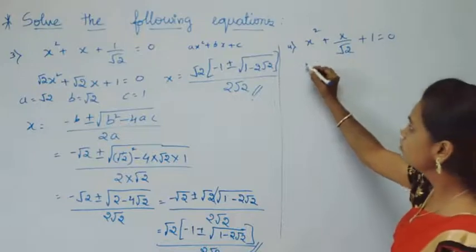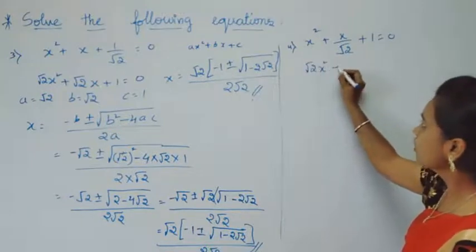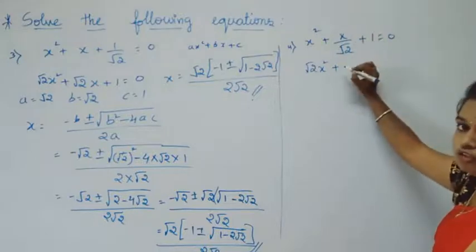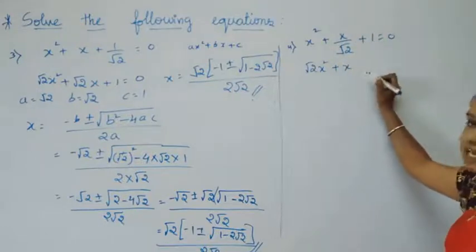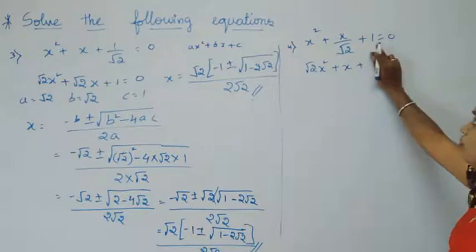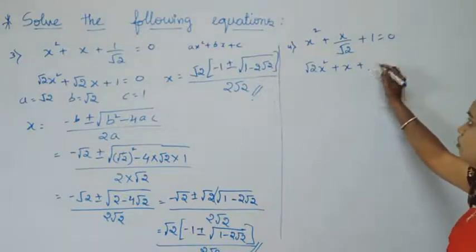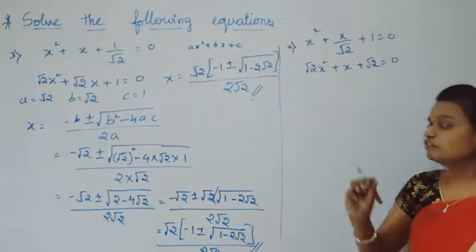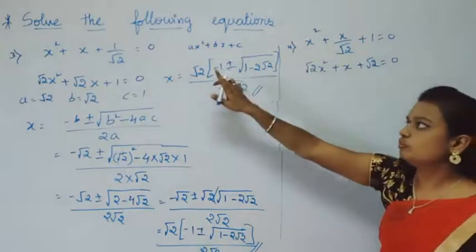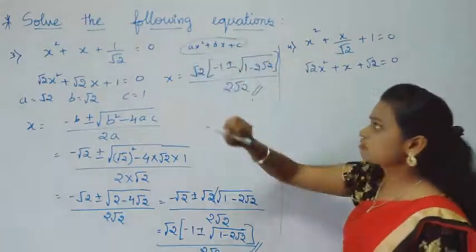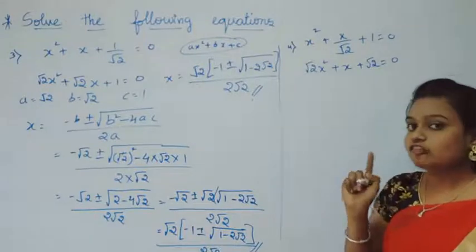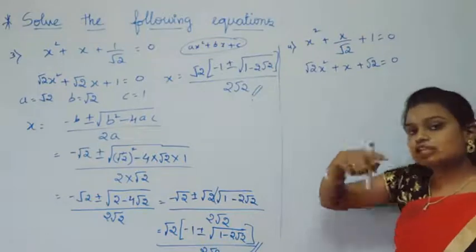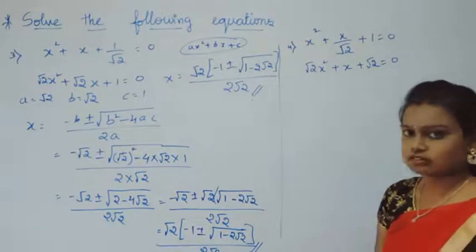So it becomes root 2 x square plus, when you multiply here root 2, root 2 gets cancelled, so you will get x only, plus 1 into root 2 becomes root 2, that is equal to 0. If the given equation is not of the general form ax square plus bx plus c, first you have to convert that equation to general form, then you have to apply this method.